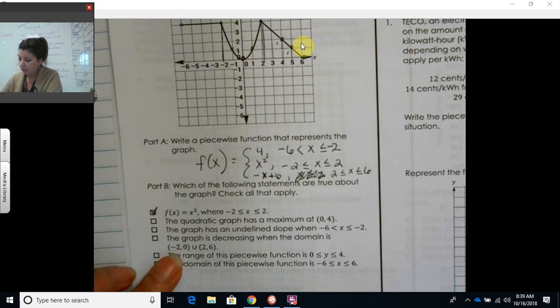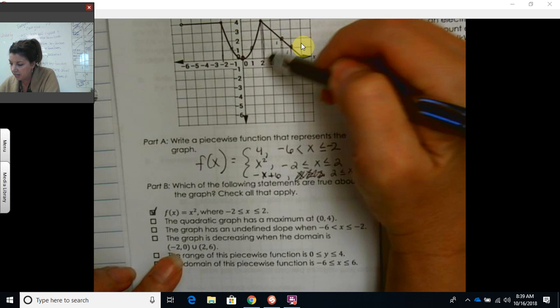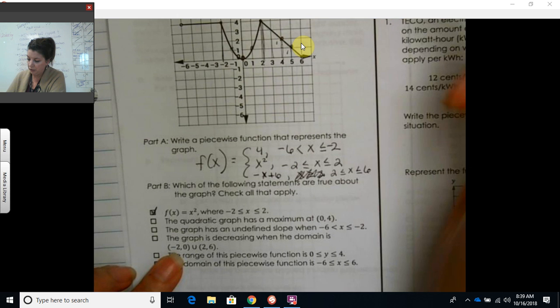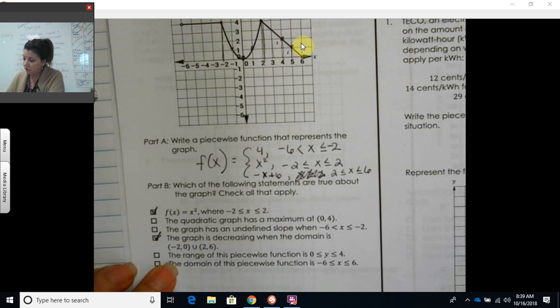That's true, right? From -2 to 0, isn't it decreasing? And also when x is 2 all the way till when x is 6 is decreasing. So that is true.